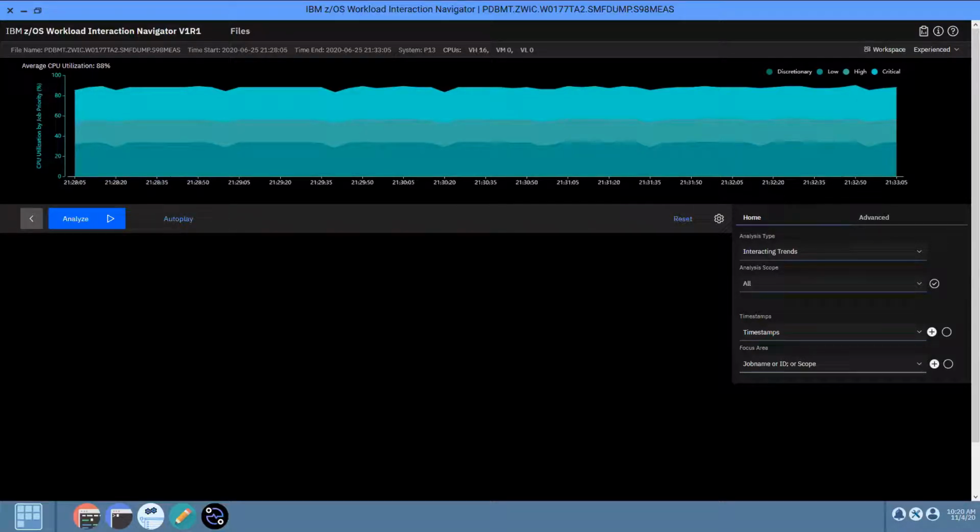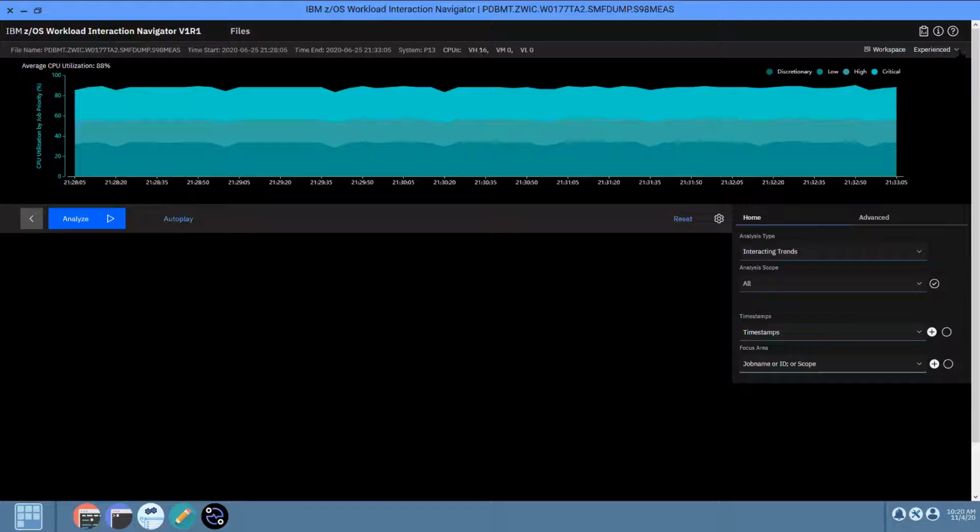So going back to the graph, we have CPU utilization by job priority. Average utilization across the entire 5-minute interval is 88%. And by hovering my mouse over the graph, I can get, we said that correlator data generation generates data every 5 seconds, we can see what the average CPU utilization is every 5 seconds just by dragging my mouse over the graph. The CPU utilization is presented as a stacked graph by job priority.